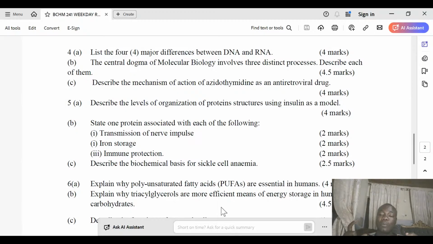So what describes the primary structure of protein? What determines the primary structure is the peptide chain. You know that there is a peptide bond. A peptide bond is a bond that joins the amino acid sequence, and it leads to the primary structure of protein.